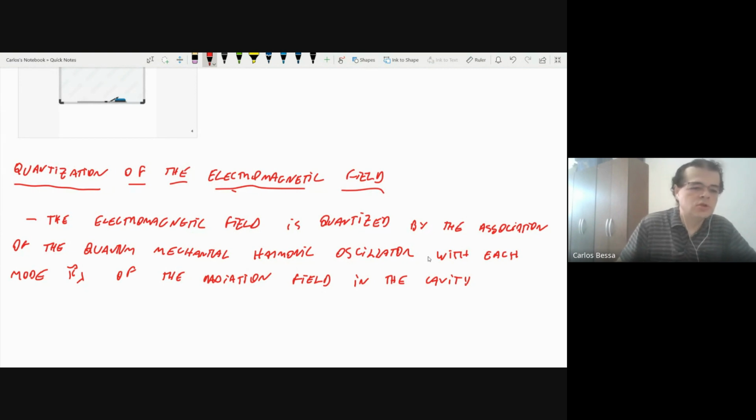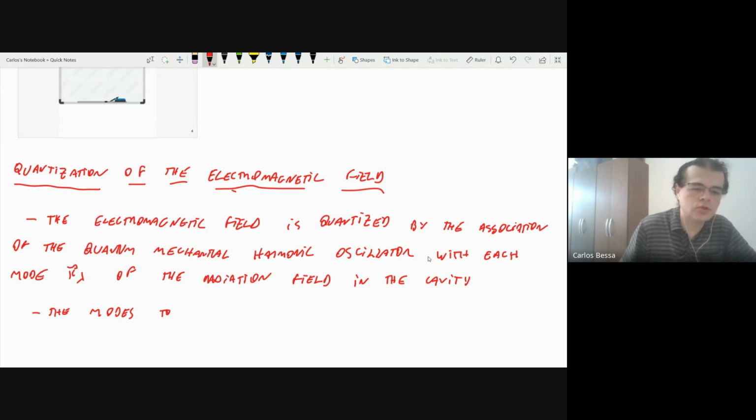Again, in the Nielsen Schwann book, because it's monochromatic, we have only one type of mode, so we don't need to worry about that. But I'll give a more general review.